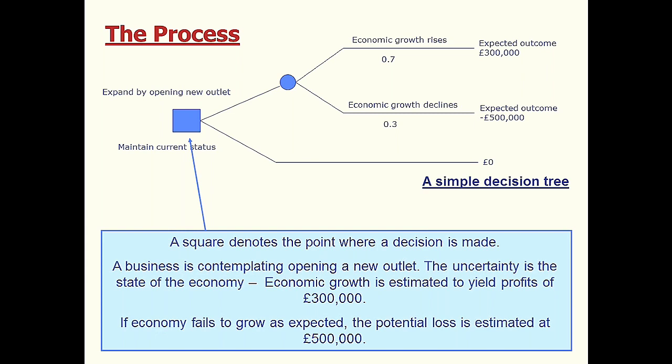So we can see that the business will face uncertainty regarding the state of economy, because this state of economy is an external factor which is outside the business's direct control.